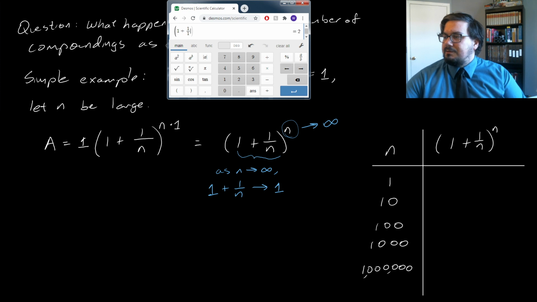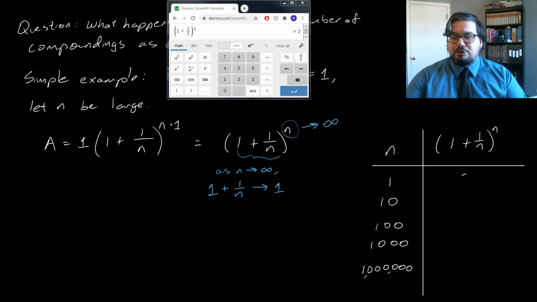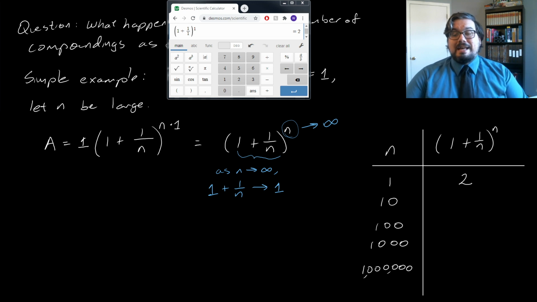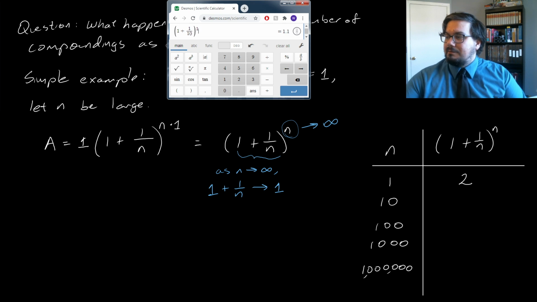So in the first case, if n is 1, then we have 1 plus 1 over 1 raised to the first power, which is 2. And we actually already said that. We already mentioned that if we were compounding annually, then we would just wait until the end of the year, get our 100% interest, and get $1 extra. But what if we compounded 10 times a year?